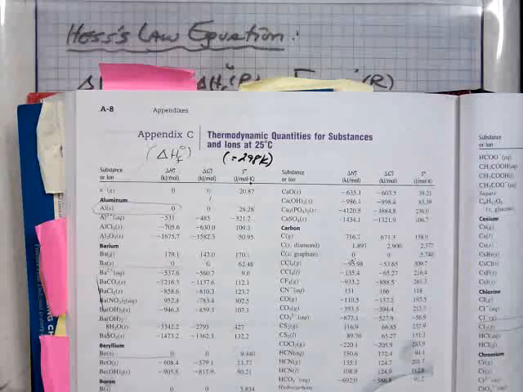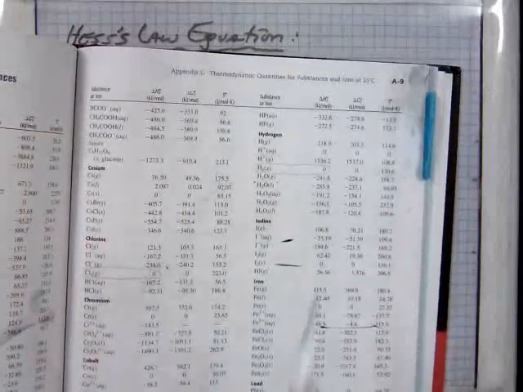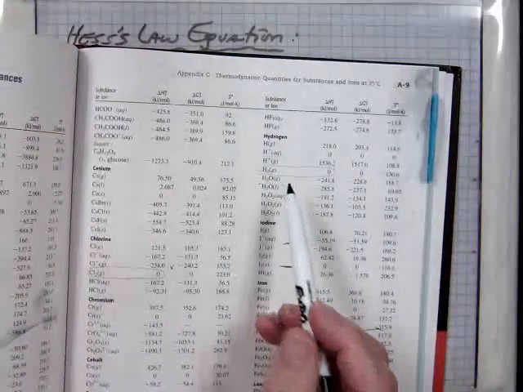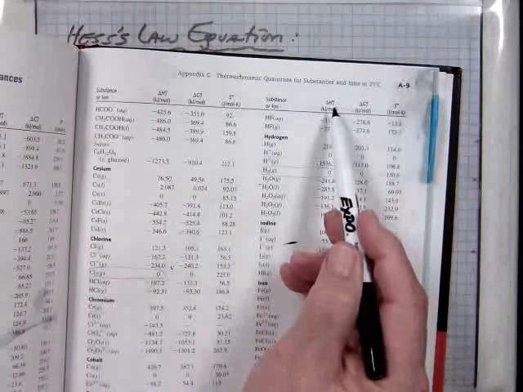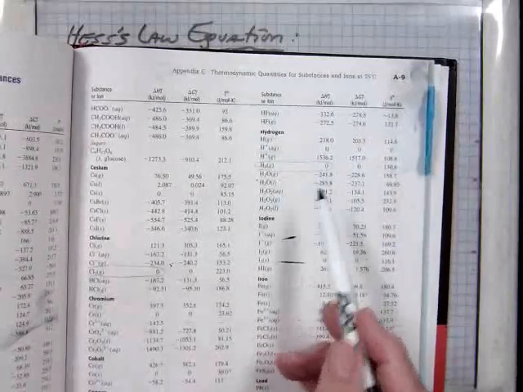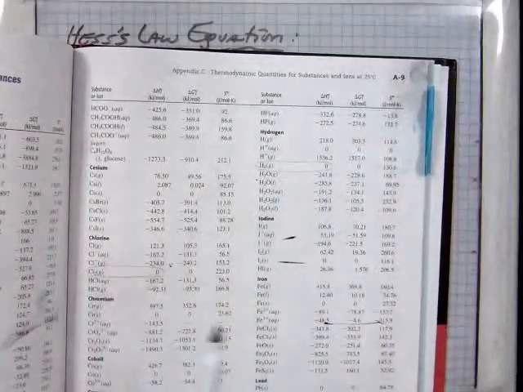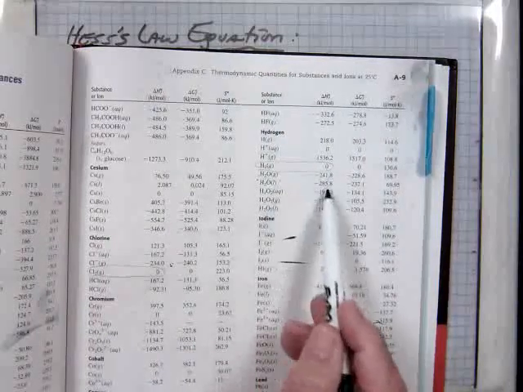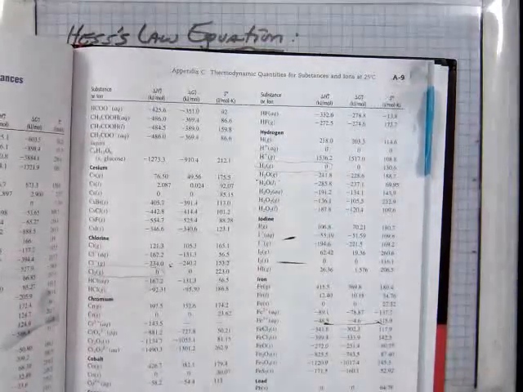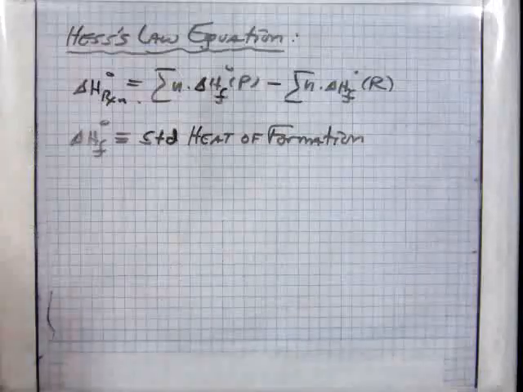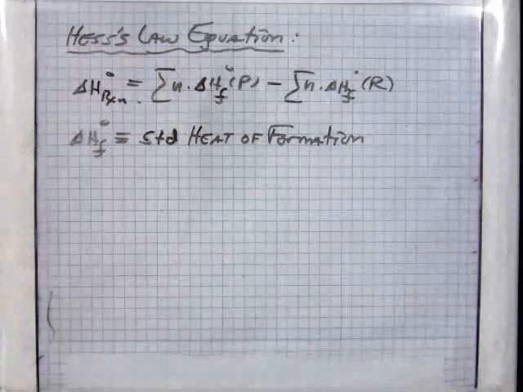When we look up water, you've got water in gas phase and water in liquid phase, and you have a delta HF for each one. So water is water, and depending on what the equation is asking for is the number you would use over here. Okay, this is how we proceed on this.